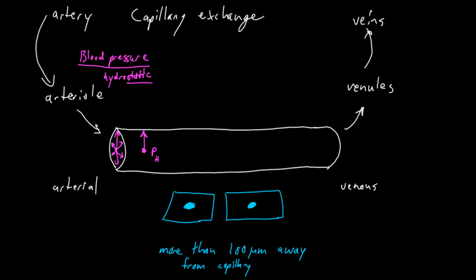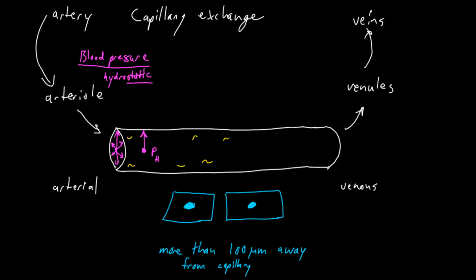Now what's the other major pressure that's at play here? This is a pressure that's more difficult to conceptualize, but there are proteins. Remember I mentioned that plasma contains these proteins, and they are large proteins.